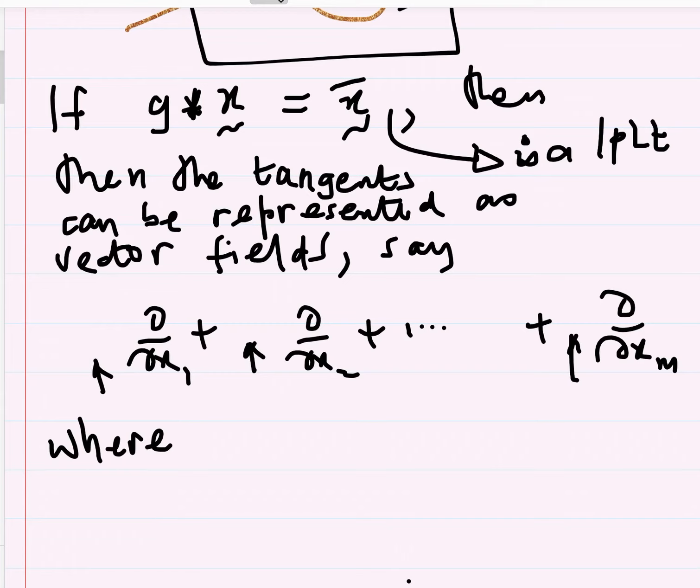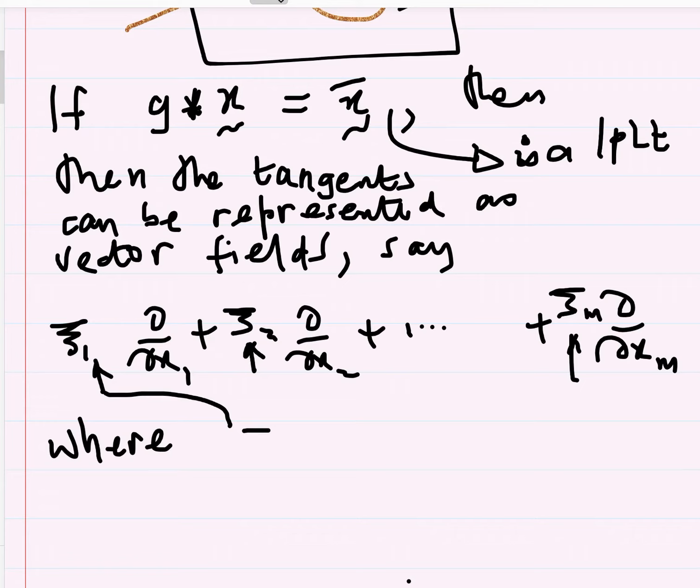So in each of these cases, let's give these things a name. Let's call this xi1, this xi2, and this xim.